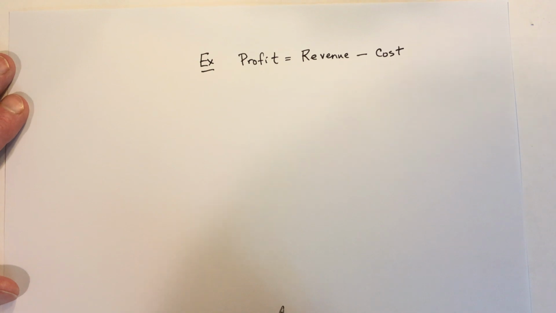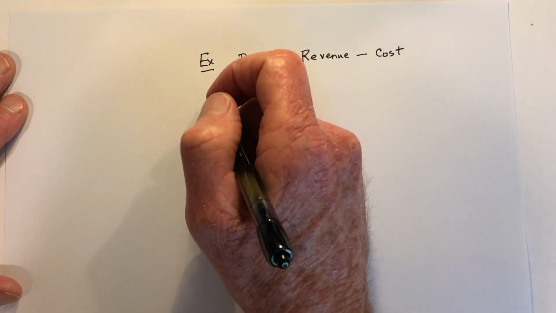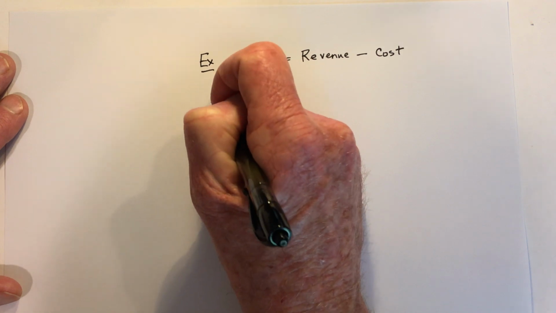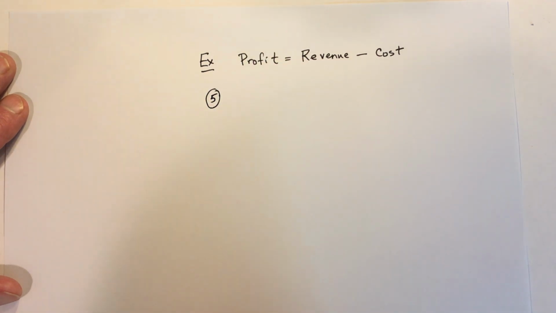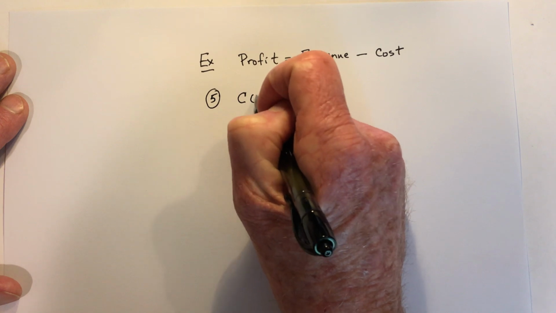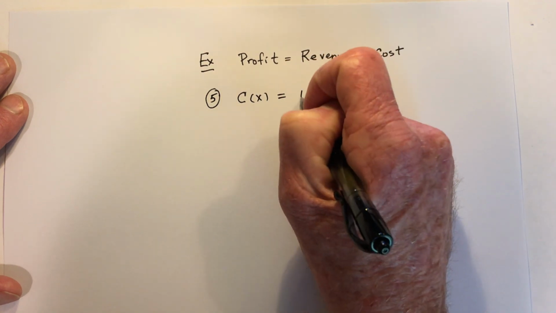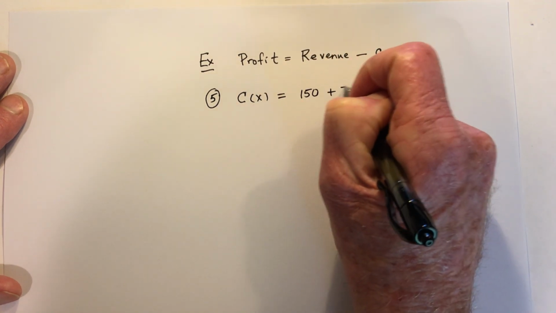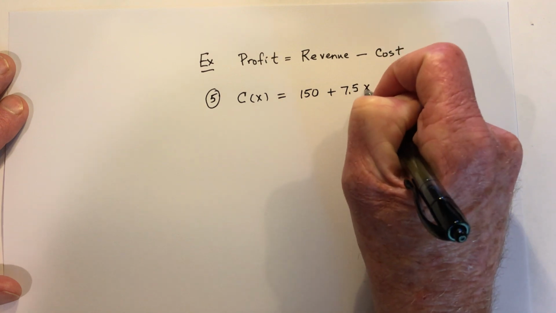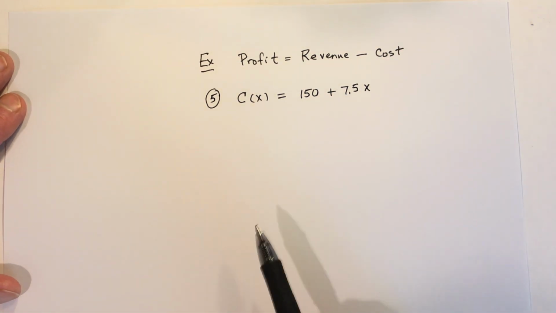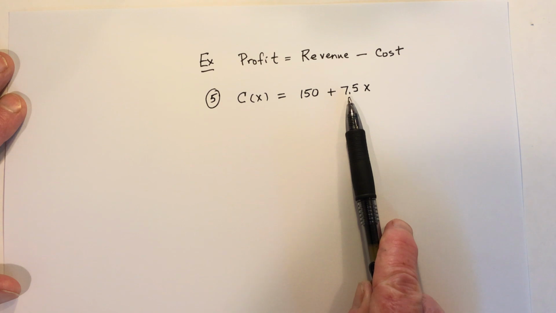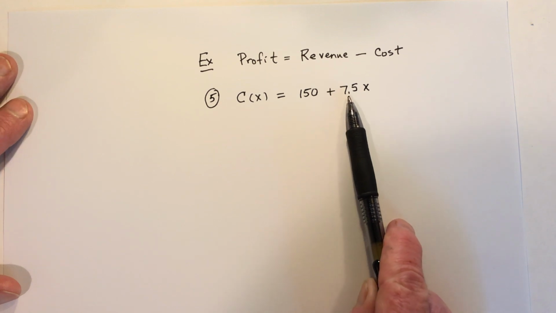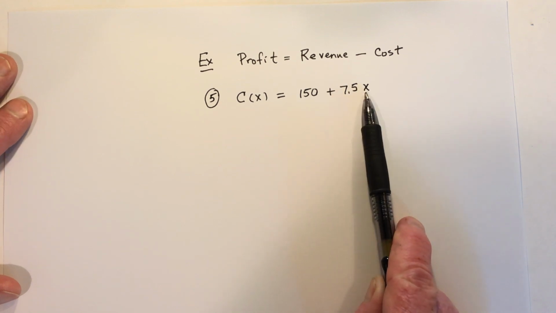And then in business applications, they're able to come up with things like this. So this is now example number 5. So what if you know that the cost function is 150 plus 7.5 times x? So in a business situation, what this is saying is it costs $7.50 to make each one of these things.